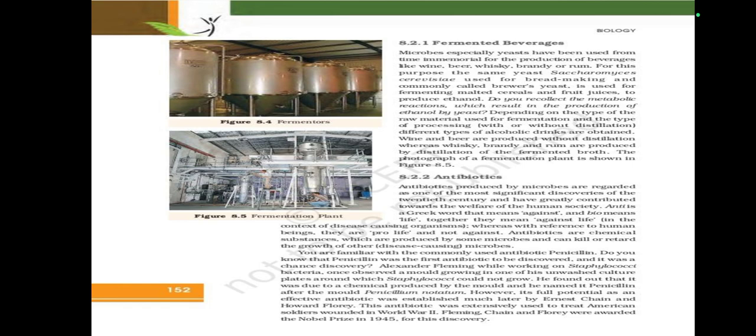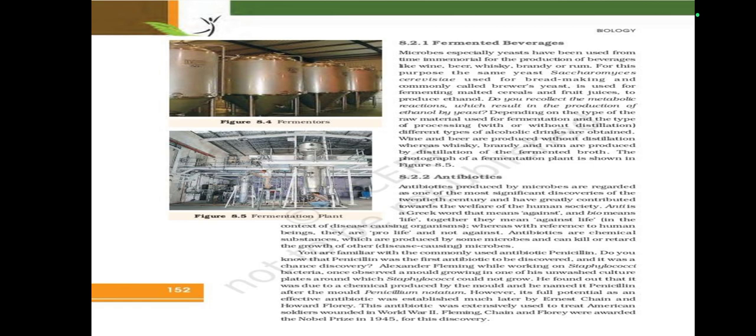Named after the mold Penicillium notatum, however, its full potential as an effective antibiotic was established much later by Ernest Chain and Howard Florey. This antibiotic was extensively used to treat American soldiers wounded in World War II.